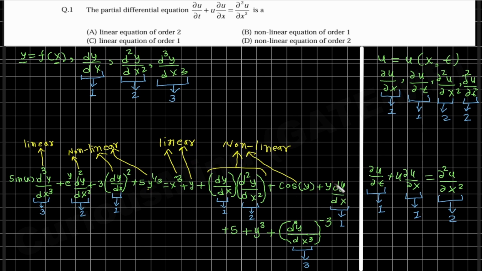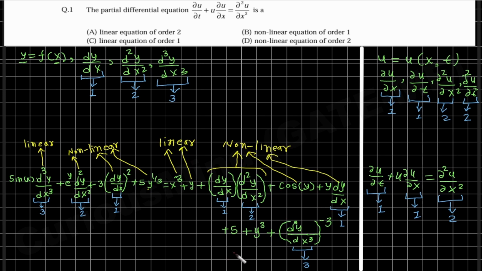We come to this fifth term, which is y multiplied by dy by dx, and this term contains y multiplied by dy by dx. So here is a combination of y and its derivative. So this term is making this whole exact differential equation a non-linear differential equation.